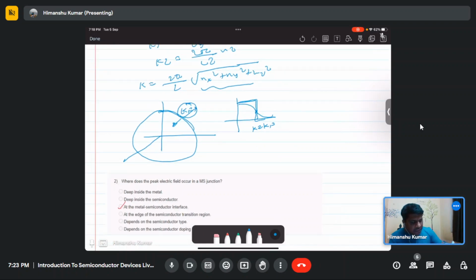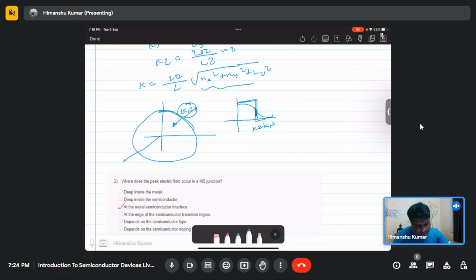Here the density of states goes like a square root kind of dependence, so near kF a lot of states are possible. This is the probability distribution.